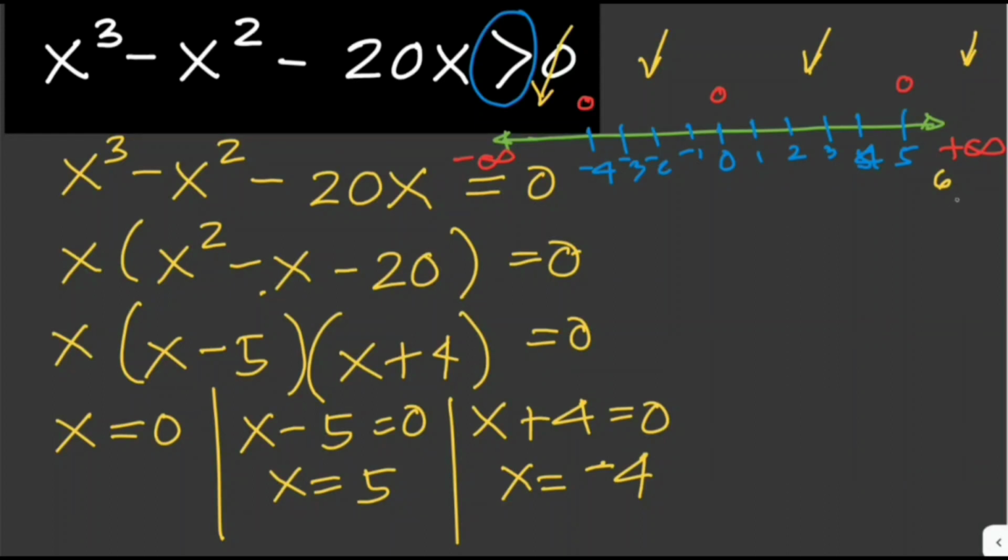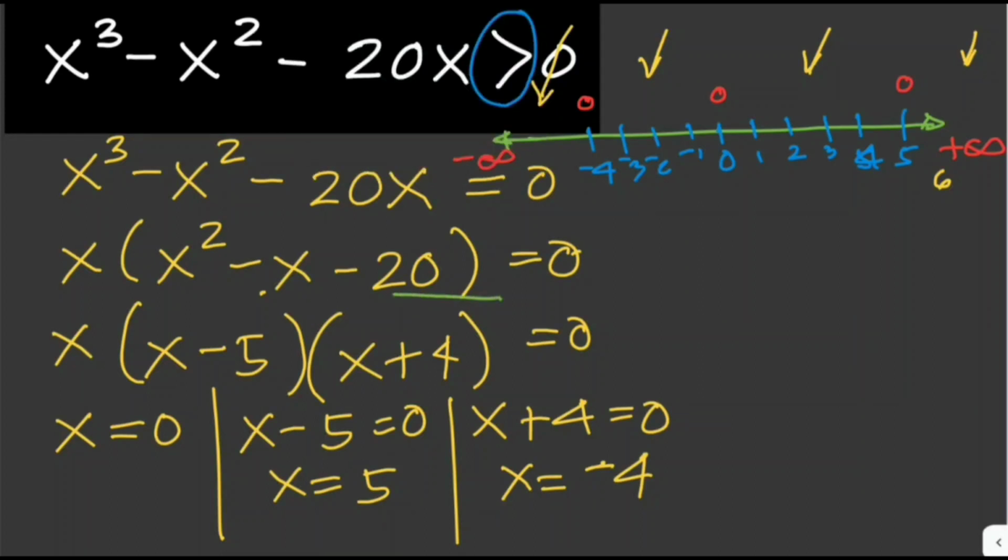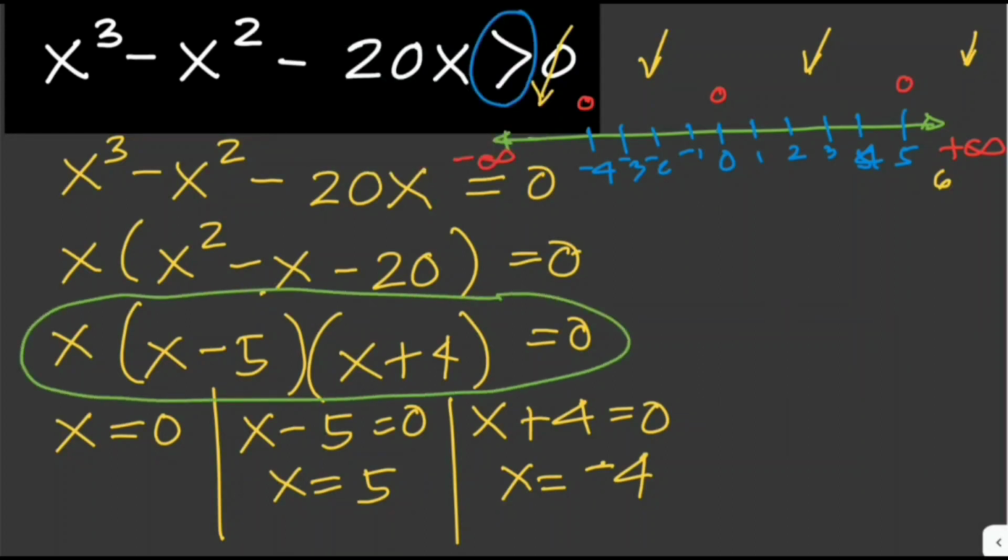We plug in 6 into our factors. So 6 is positive, 6 minus 5 is positive, and 6 plus 4 is positive. And positive times positive is positive, and positive times positive is positive. So that means this region here is positive.